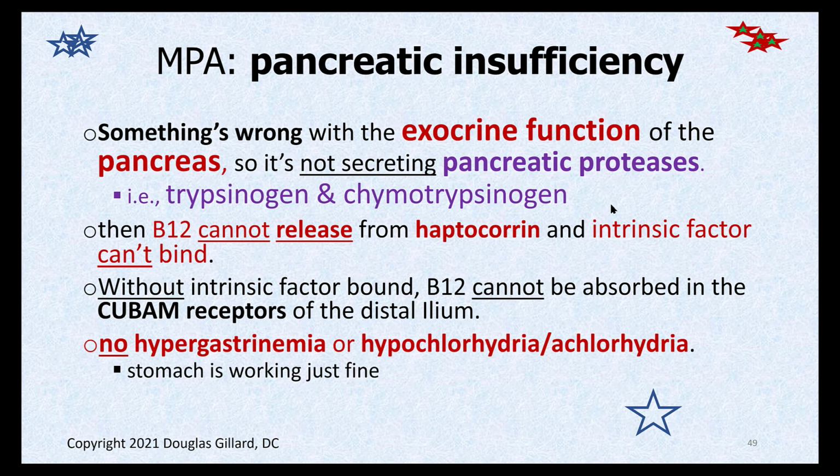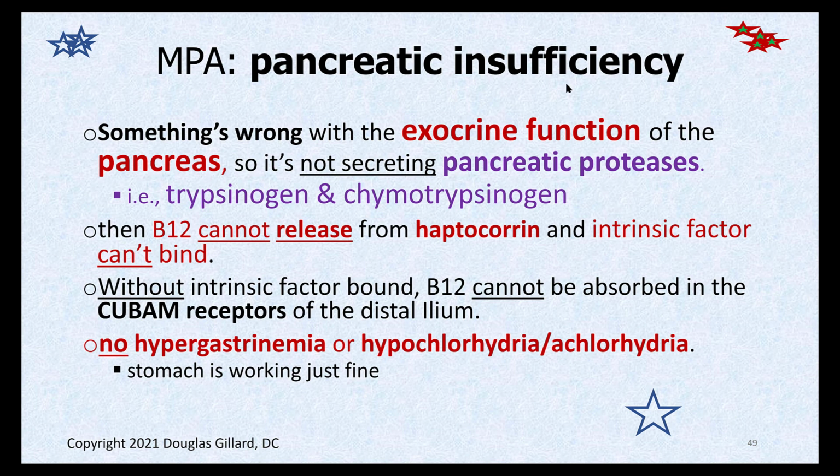Right? Another cause of pernicious anemia, this malabsorptive category of pernicious anemia, pancreatic insufficiency. We've heard this before, right? EPI, hear it on the radio commercials. It's pretty darn rare. Talk to your doctor about EPI. It's super rare, but it can occur, and this means something's wrong with the exocrine pancreas.